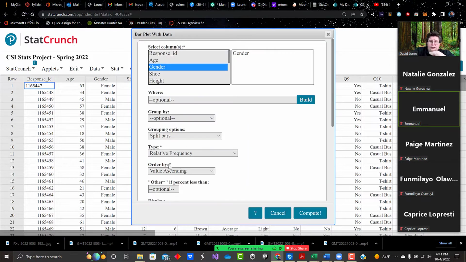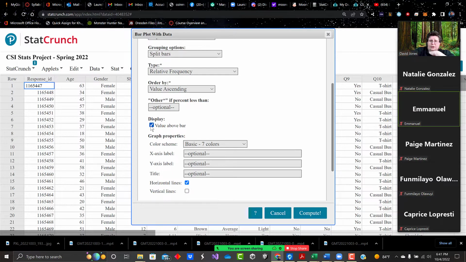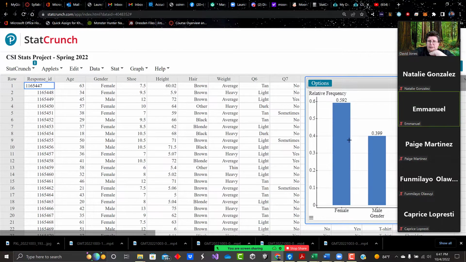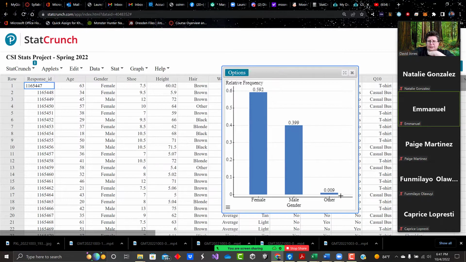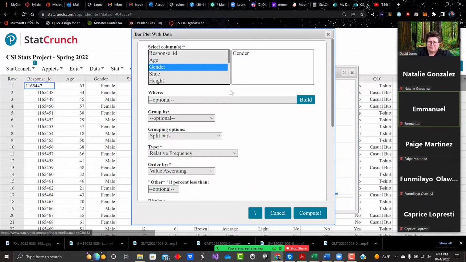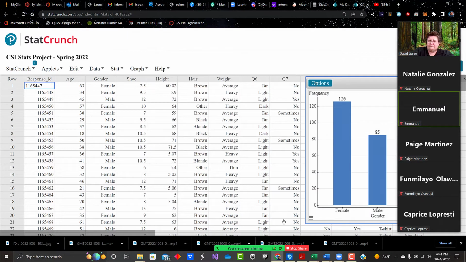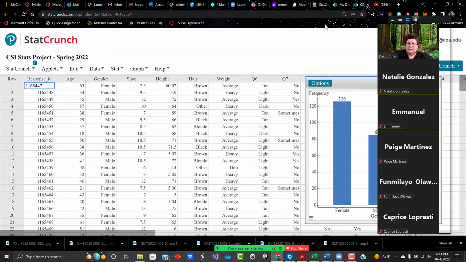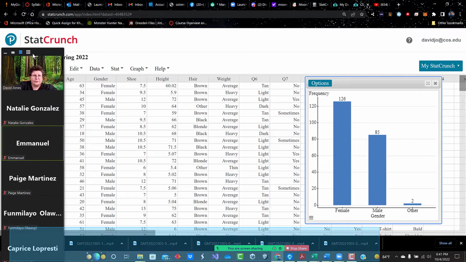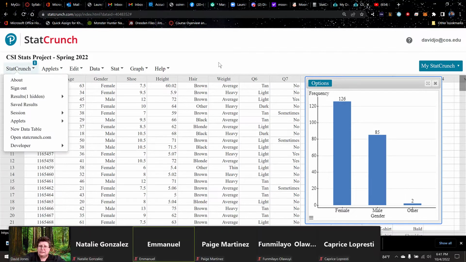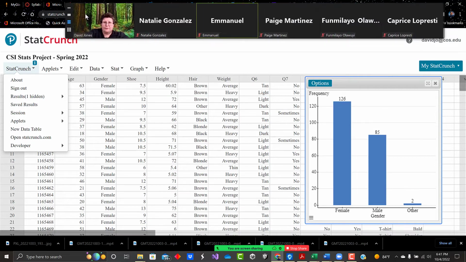You can also, when you're doing this, do the display value above bar. And then it'll show only the 3 decimal places. Options and edit allow you to change a lot of stuff if you don't like something you did. Say you wanted frequency instead. Move this over here. And maybe we'll move it across the top. There we go.